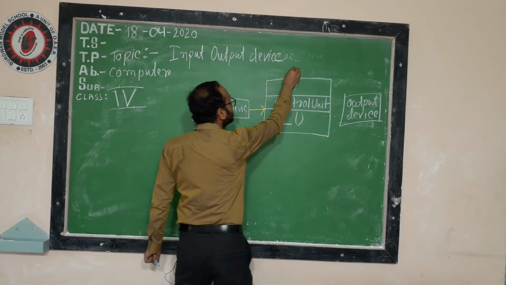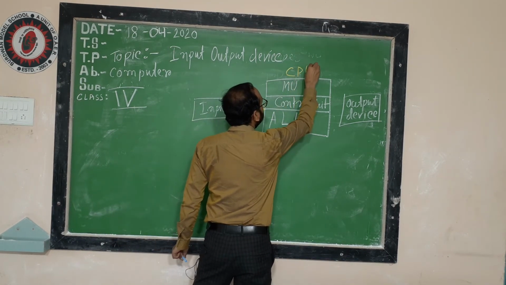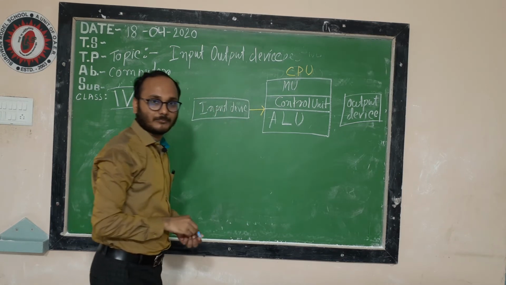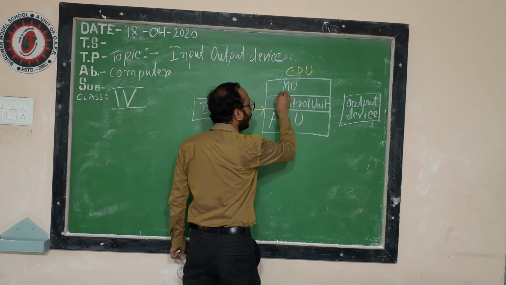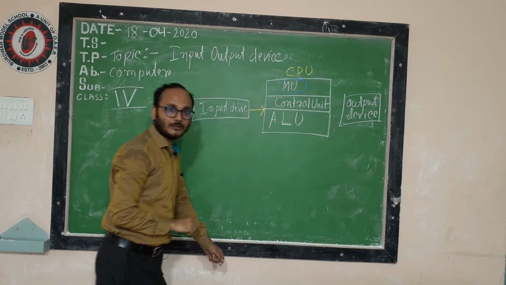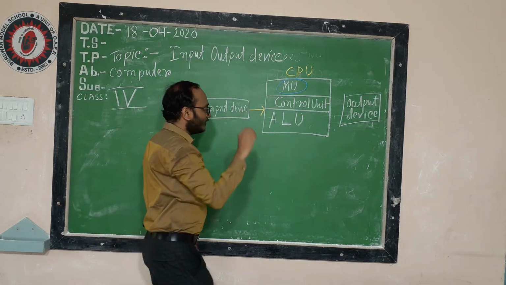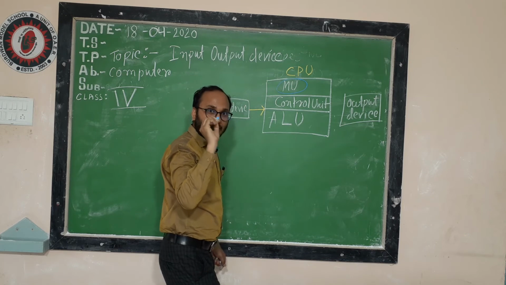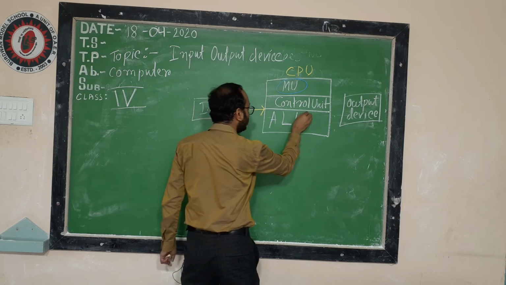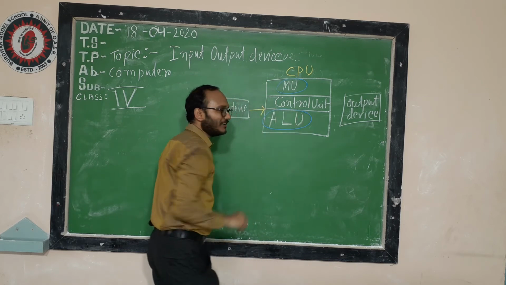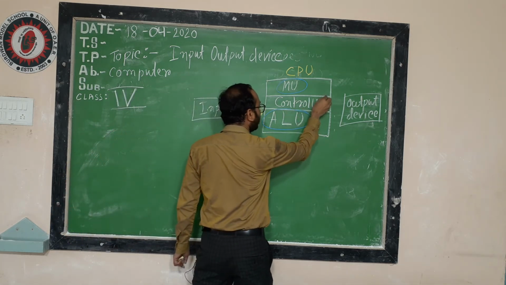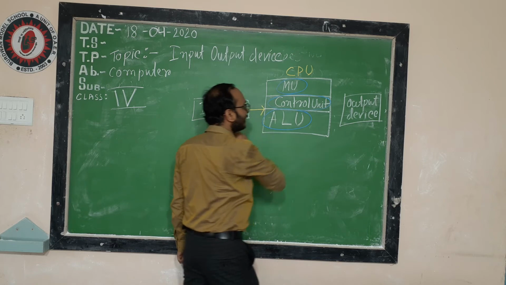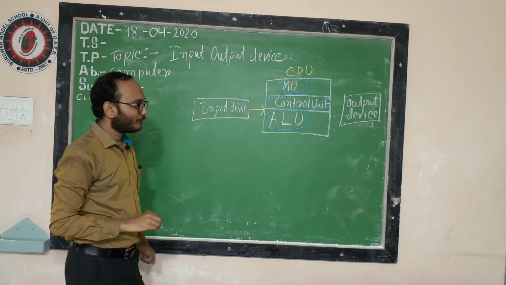If it is saved to the computer, goes to memory unit. If it is related to any calculation, then it goes to the arithmetic logic unit. And if it is related to control operation, then it goes to the control unit portion.